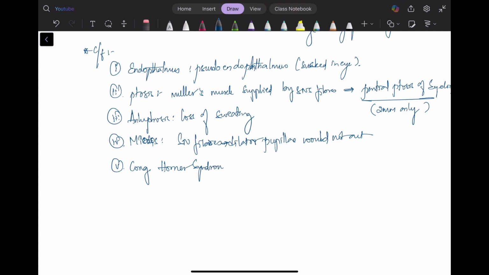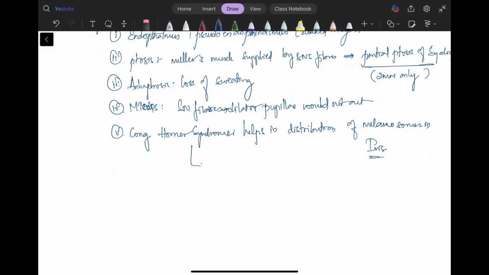Congenital Horner syndrome. Sympathetic supply helps in the distribution of melanosomes in the iris, the color structures. Okay, what happens, so there is some problem with the color, so heterochromia in iris.